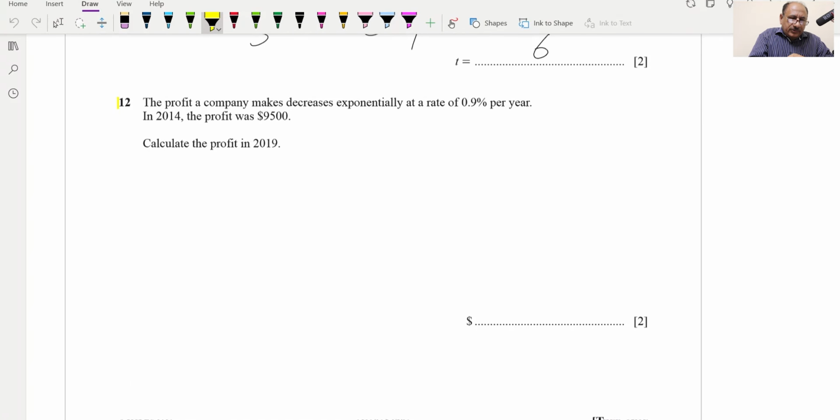The profit a company makes decreases exponentially at a rate of 0.9% per year. In 2014, the profit was $9,500. Calculate the profit in 2019. So this is the principal amount and we are applying the compound interest formula, but this will be minus because of exponential decrease.